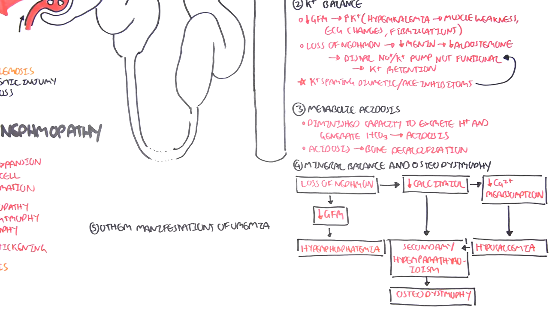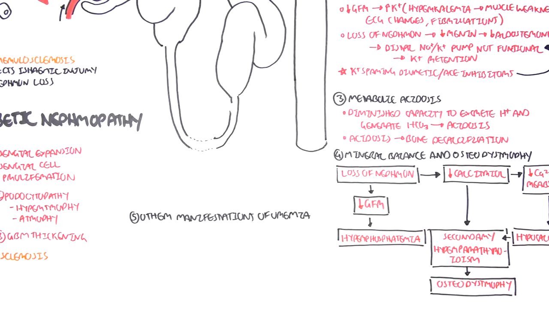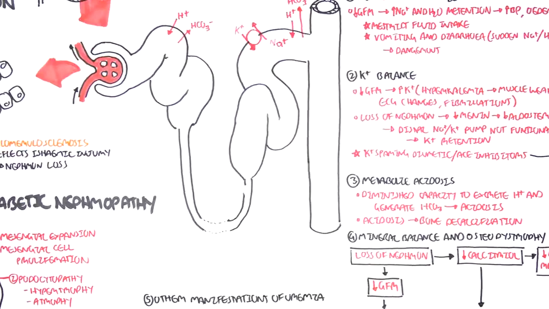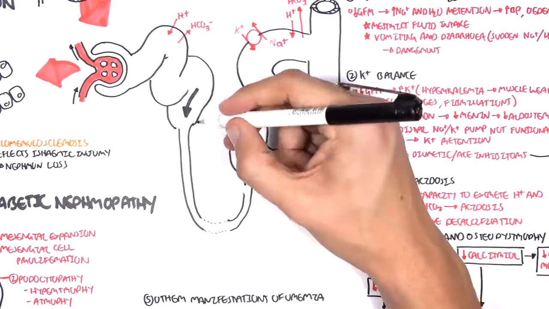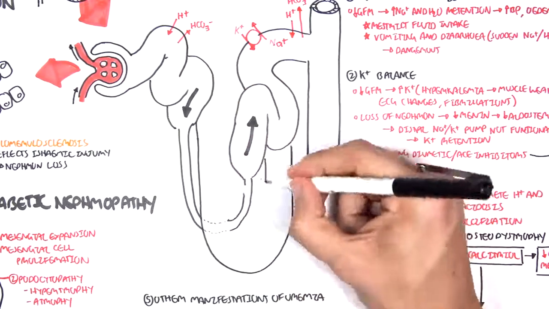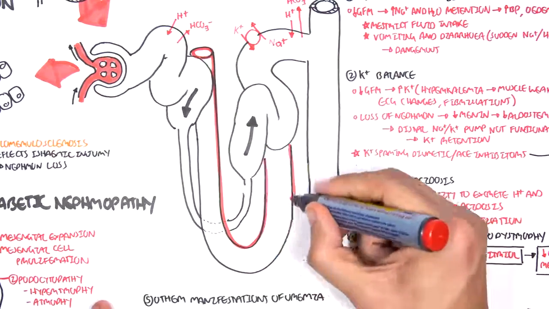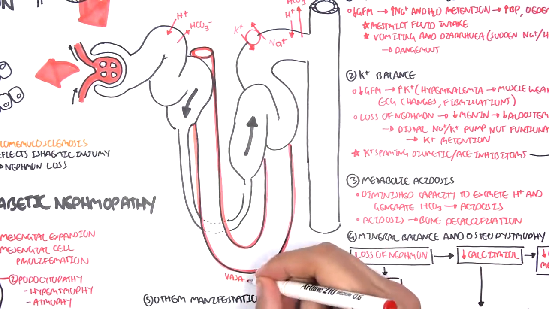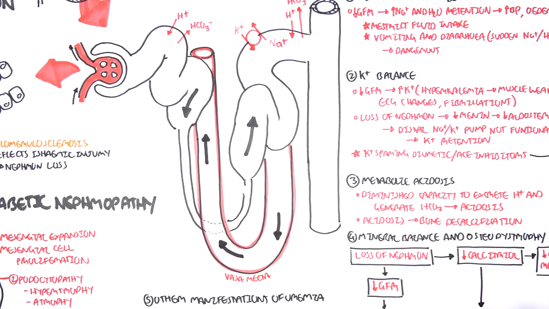Now let's talk about uremia, which is essentially a lot of urea in the blood. Urea is normally excreted by the kidneys in urine. Let's see what normally happens to urea. So the vasa recta are the blood vessels responsible for secretion of substances into the nephron and the reabsorption of substances from the nephron.